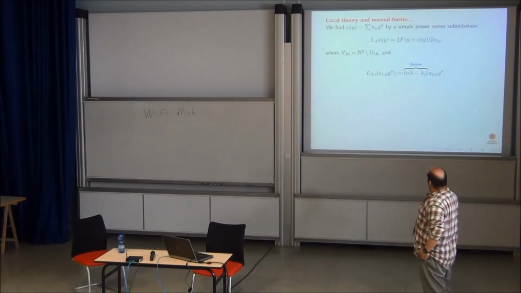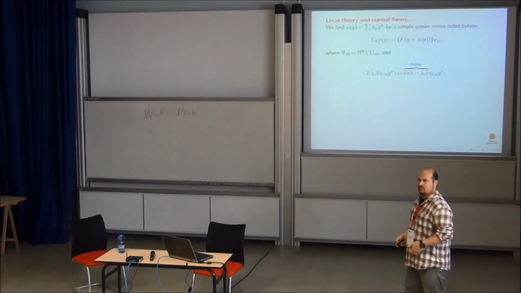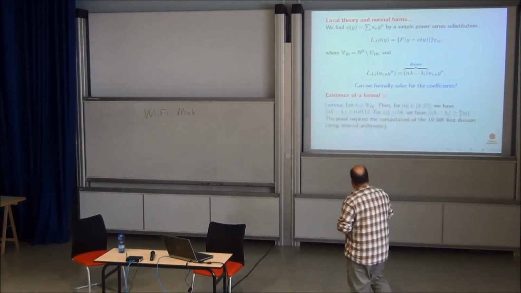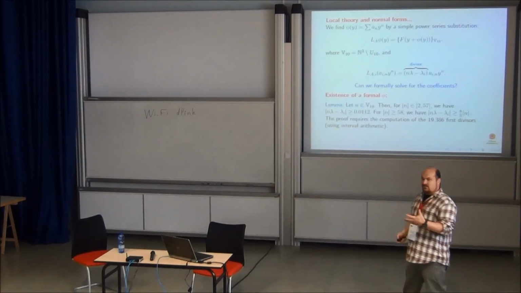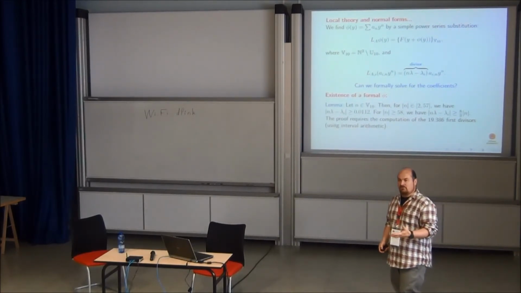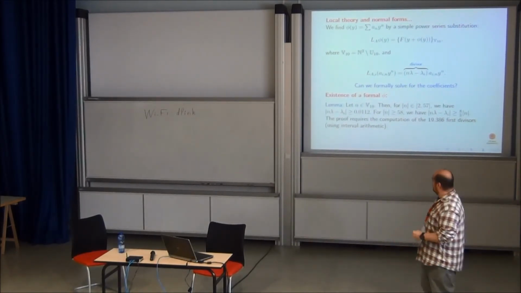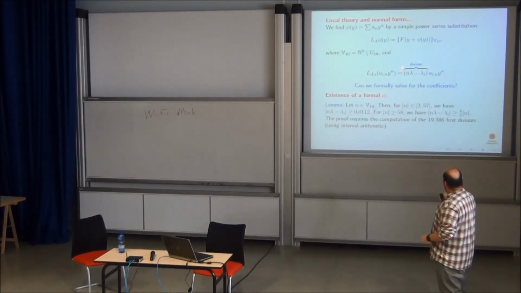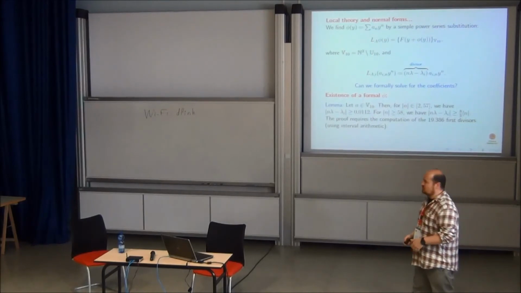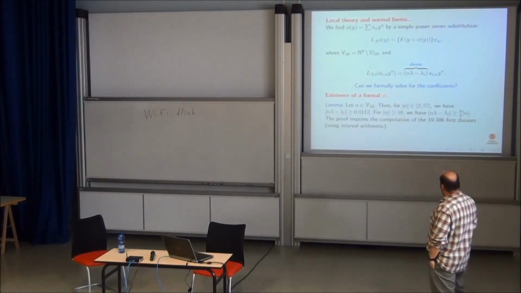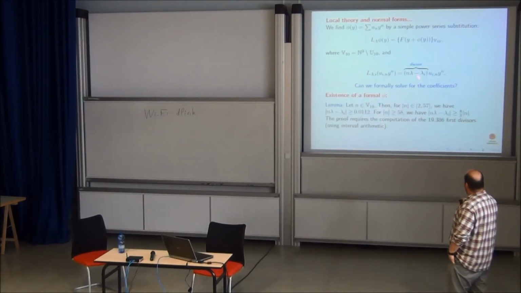But the way I've chosen my G, I can prove that none of these are small, so I can always solve for my change of coordinates. The strange thing is this proof also has to be computer generated, for different reasons, because you have to compute very many of these coefficients before you can start an induction argument.